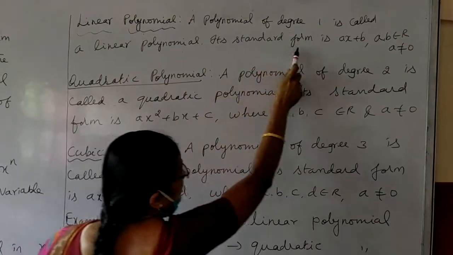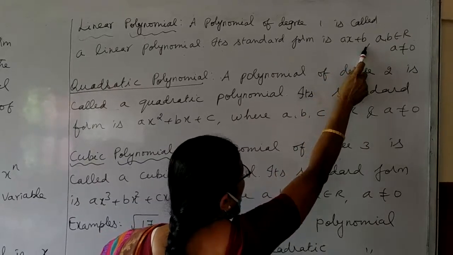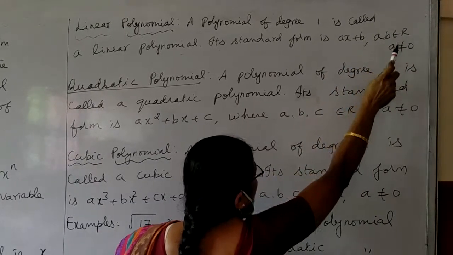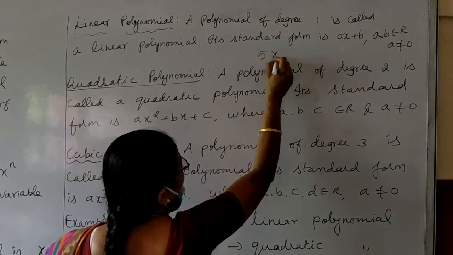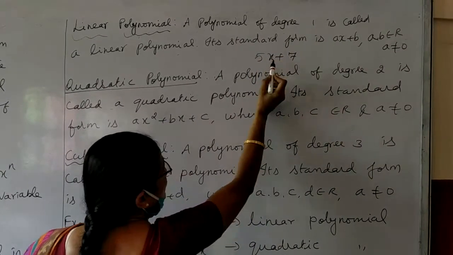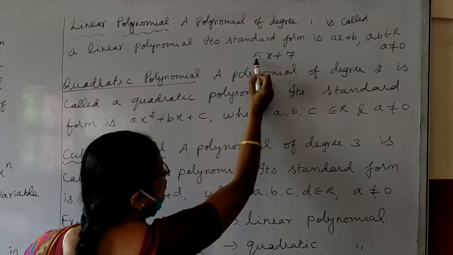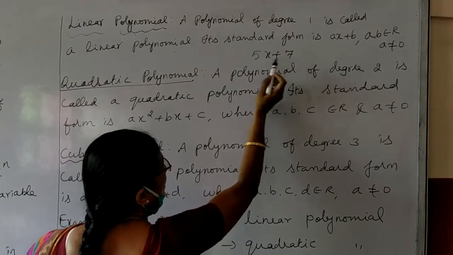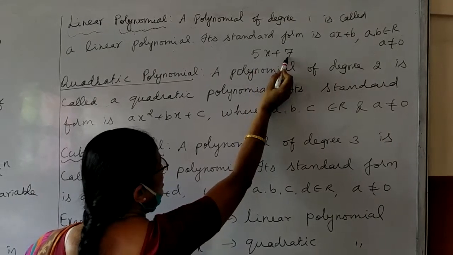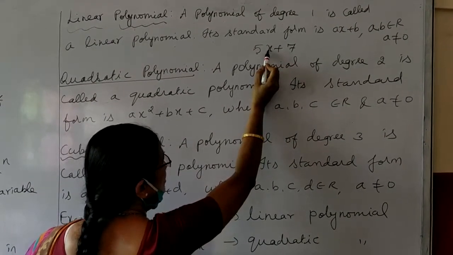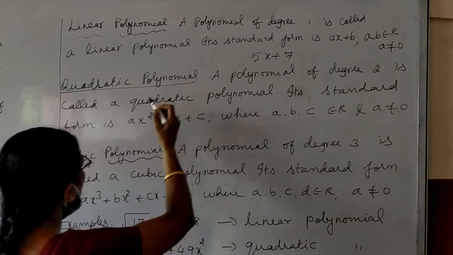Its standard form is ax plus b, where a and b are real numbers and a is not equal to 0. For example, you can consider 5x plus 7. The variable used is x here. 5 and 7 are real numbers, and the coefficient of x should not be 0. b can be 0, but the coefficient of x here should not be 0.